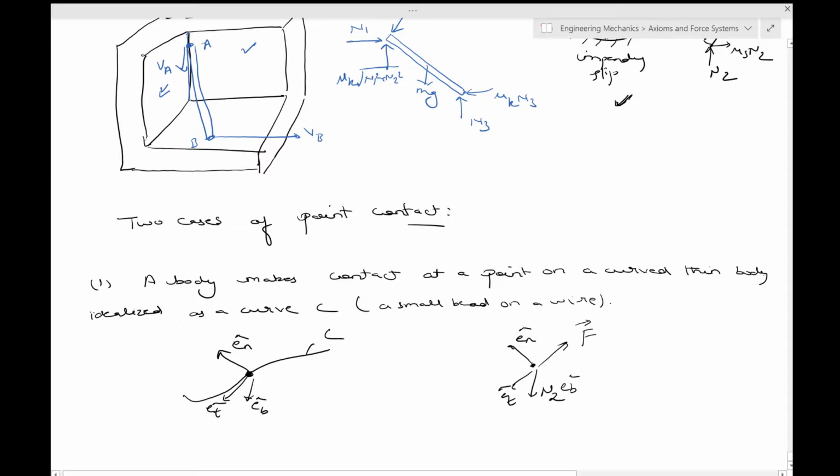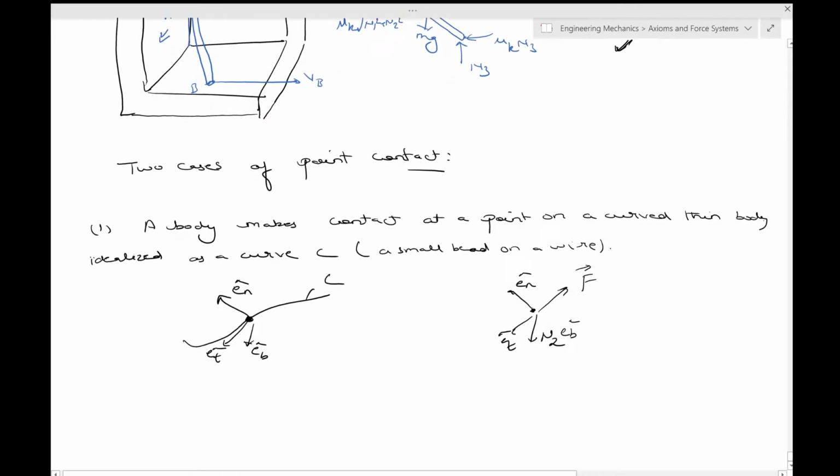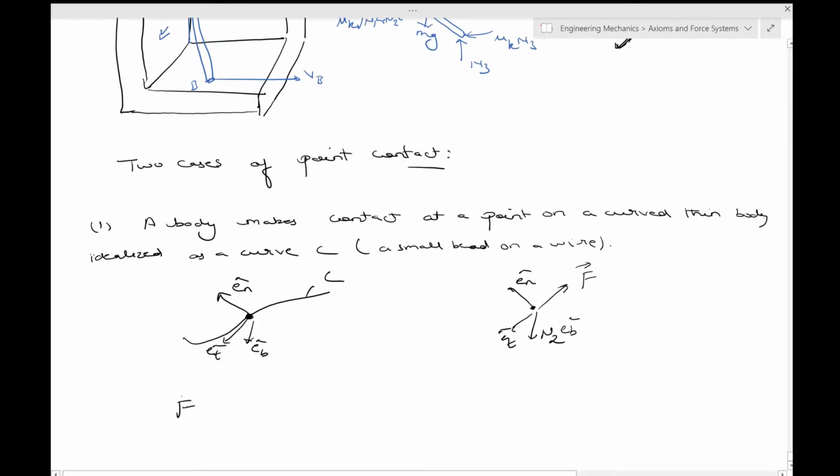Okay, so you will have this F as, I should actually show this without the sign because I've already shown it with the arrow. So this will be minus F Et hat.